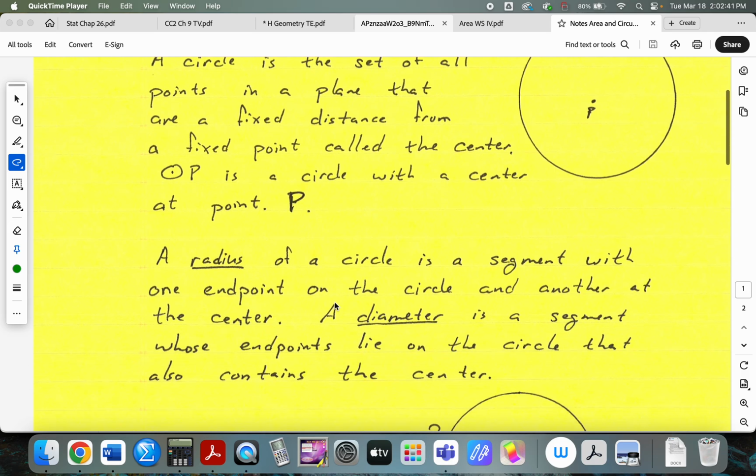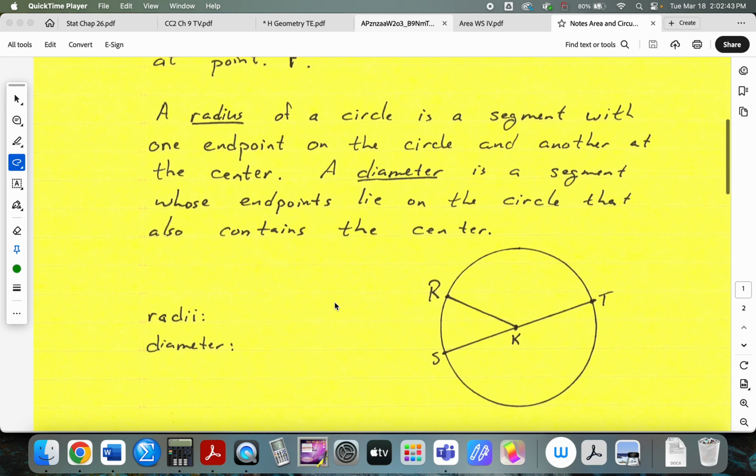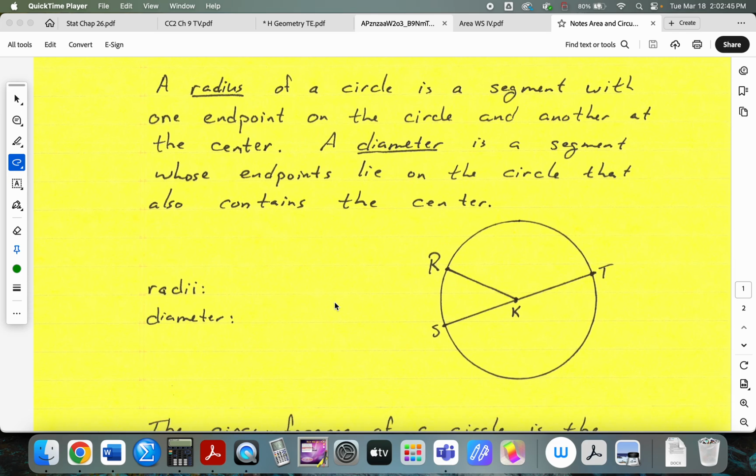Now, again, as a reminder to you, a radius of a circle is a segment with one endpoint on the circle and another one at the center. So in this particular diagram, there are 3 radii. Radius is singular, radii is plural, very much like cactus and cacti, or octopus and octopi, right?